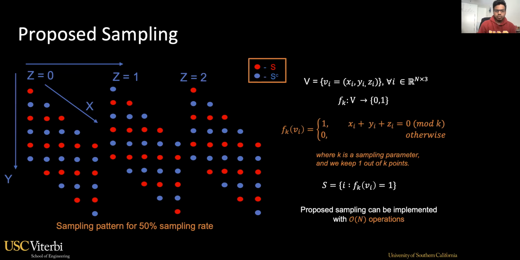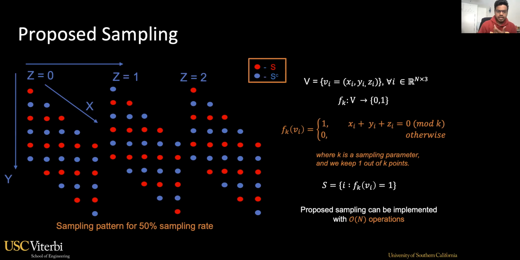The mathematical formulation of our proposed sampling method is as follows. Let V be the set of points, with n points in total, and let F_k be our sampling function, which maps each of these three-dimensional points to either 0 or 1, where 1 represents the sampling set. The sampling criterion for each point is pretty straightforward.